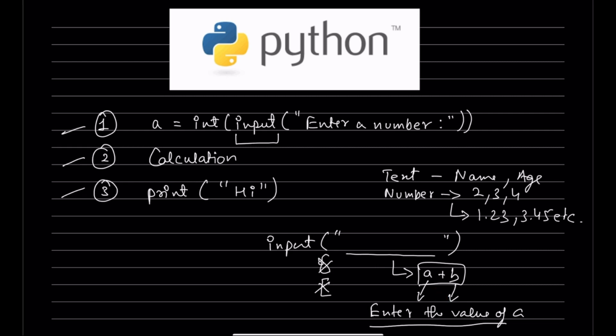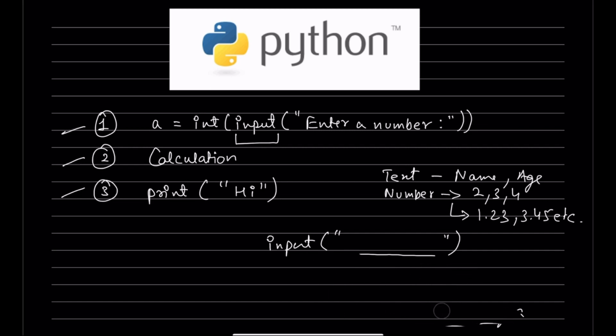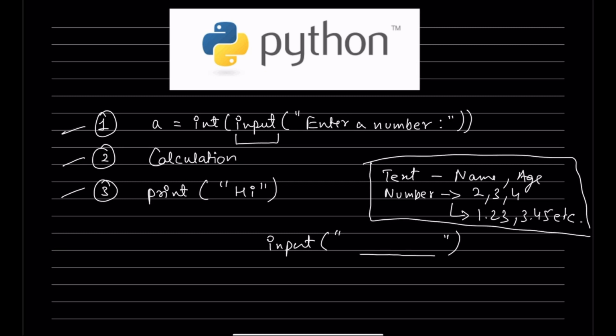That's all. So after putting in the request inside the input function, you have to specify the type of input you are going to get. That is exactly what we discussed a couple of minutes ago. So these are the types of inputs. If the program is to add a and b, what kind of inputs do you have? You have numbers, right?